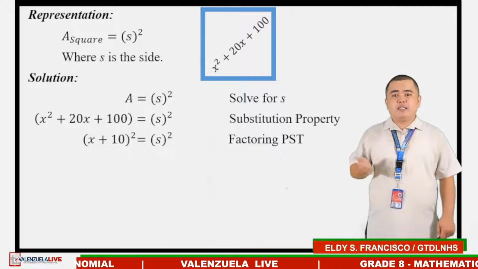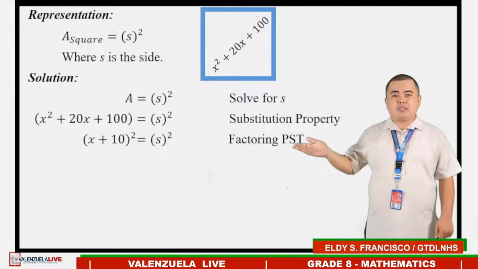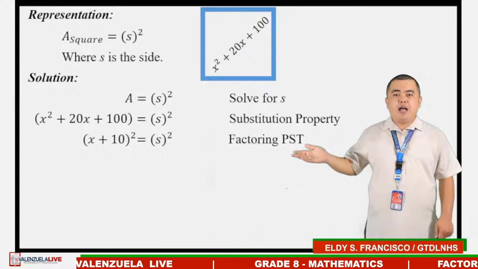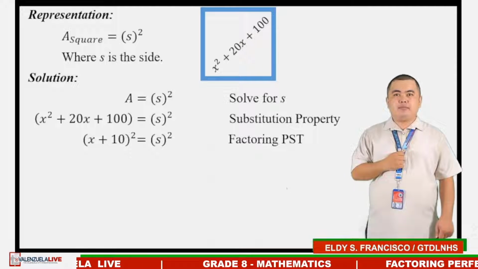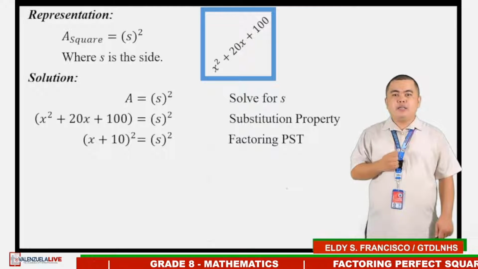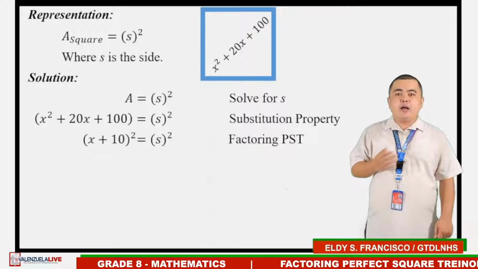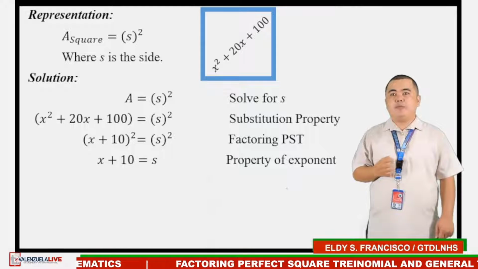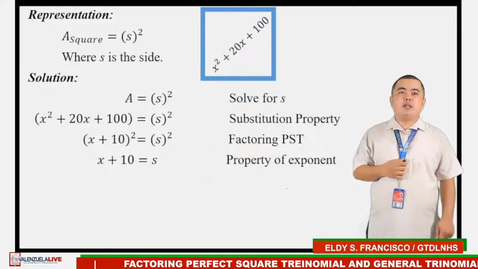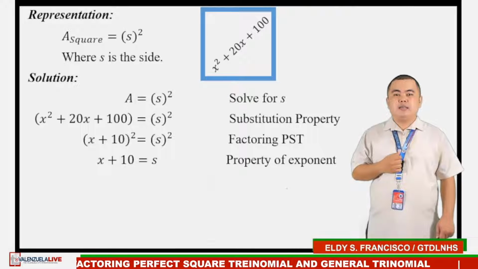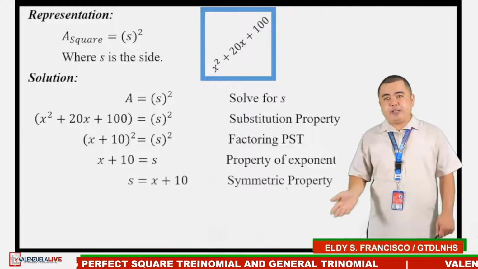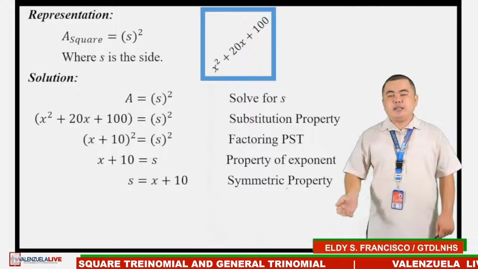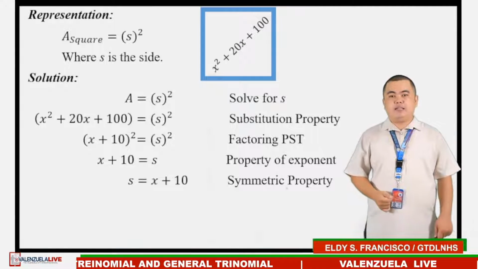Then, since the quantities on both sides of the equation have the same exponent, therefore, the bases are equal by property of exponent. So we have x plus 10 equals S. And by symmetric property, S is equal to x plus 10.